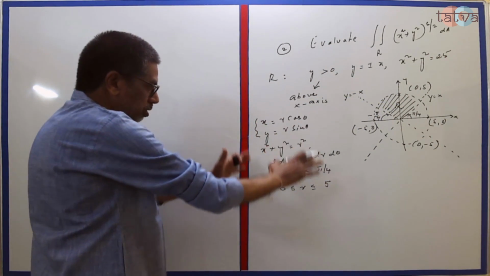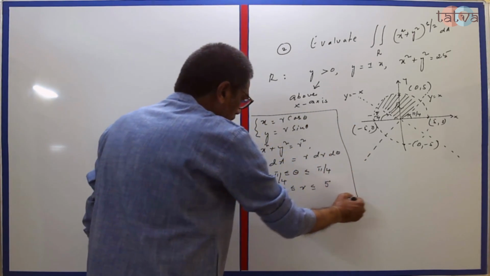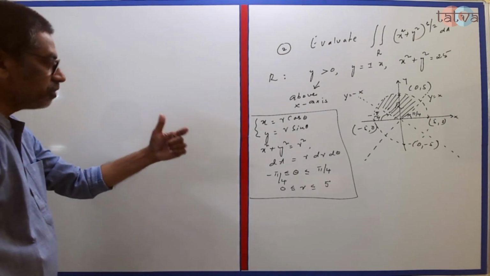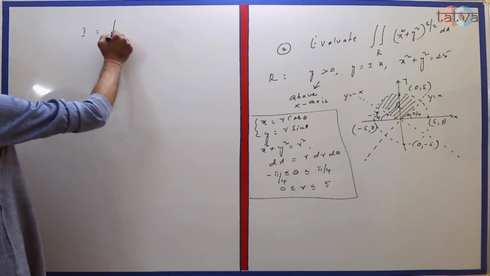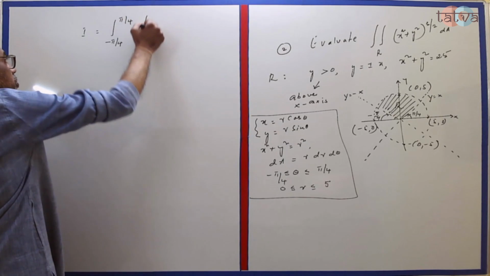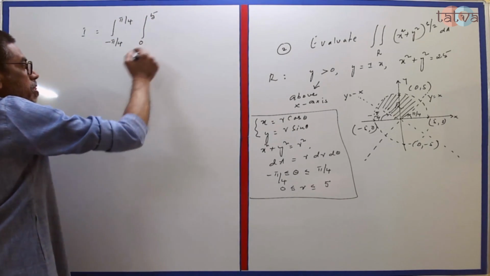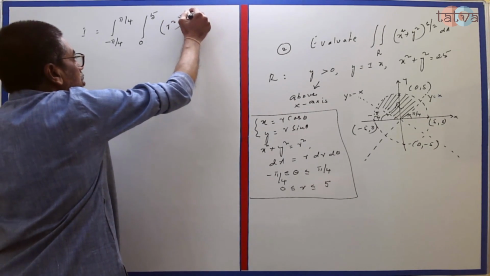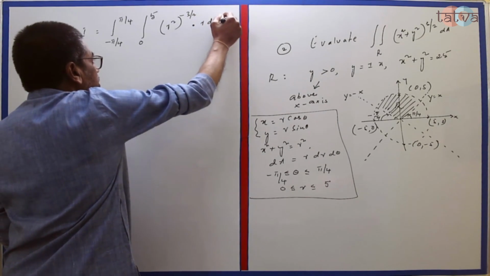Now, this is very, very important for us to transform into the polar coordinates. So, therefore, my double integral in the polar frame will be minus pi by 4 to pi by 4. Those are theta limits. These are r limits. Replace x square plus y square with r square raised to minus 3 by 2 times r dr d theta.